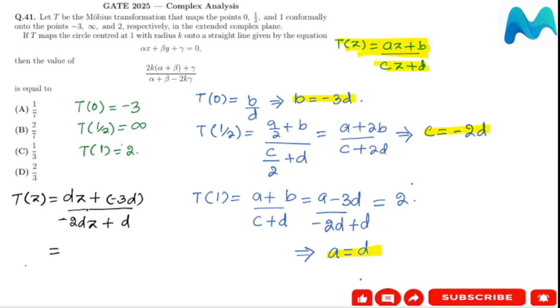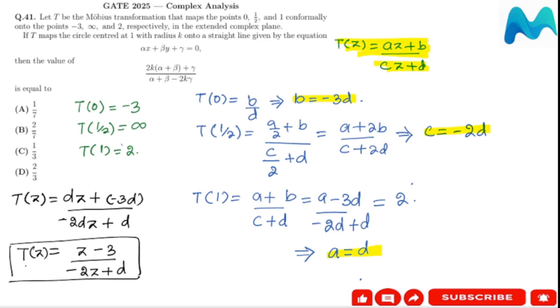So d is common in the numerator and denominator, and we get (z - 3)/(-2z + 1). So this will be the Möbius transformation for these points.